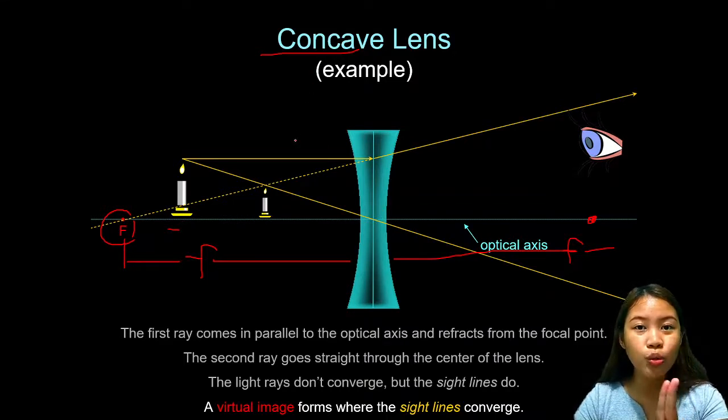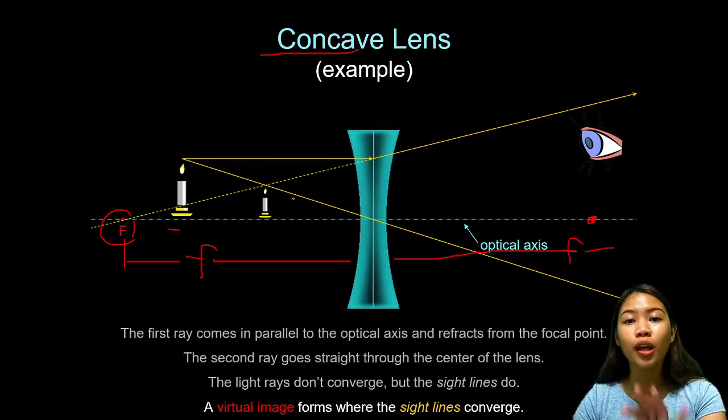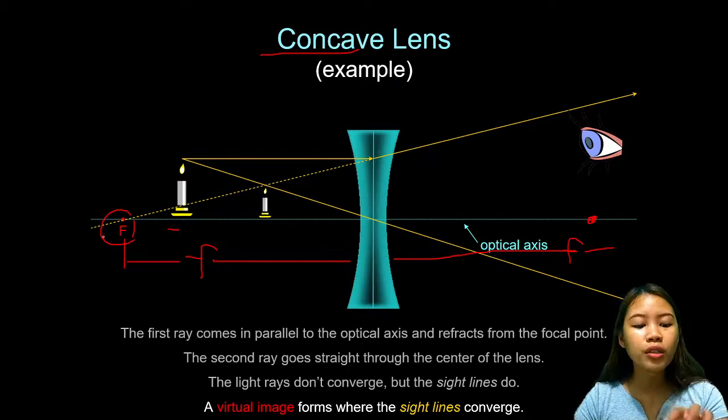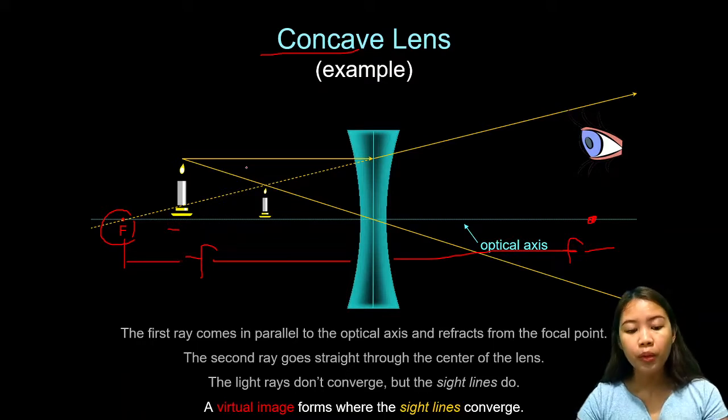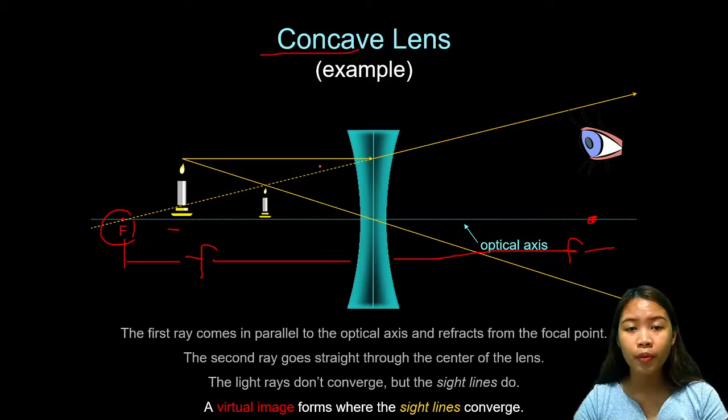If you are using two light rays, again, if you are using two light rays, focus on the focal point on the same side as the object. Okay, because there are some resources wherein they use three light rays, and some use two focal points.